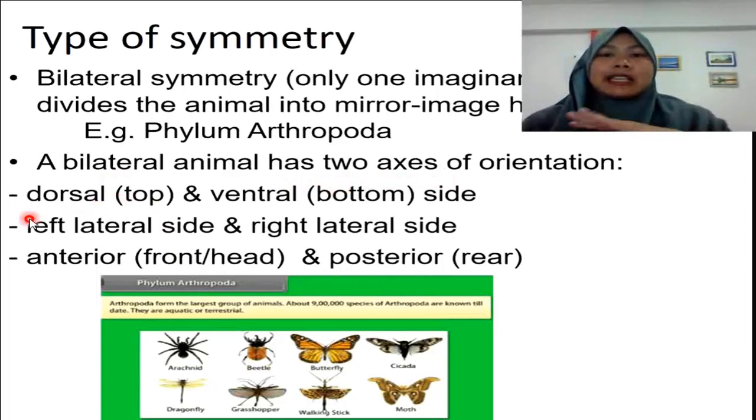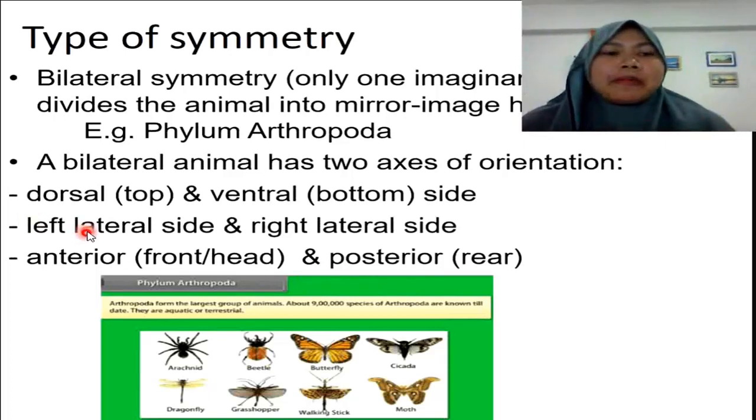Dorsal is the top side of the body, and ventral is the bottom side of the body. Lateral means the sides, the right side and the left side of the body. Anterior is the front, or head region, while posterior is the back region or rear region.